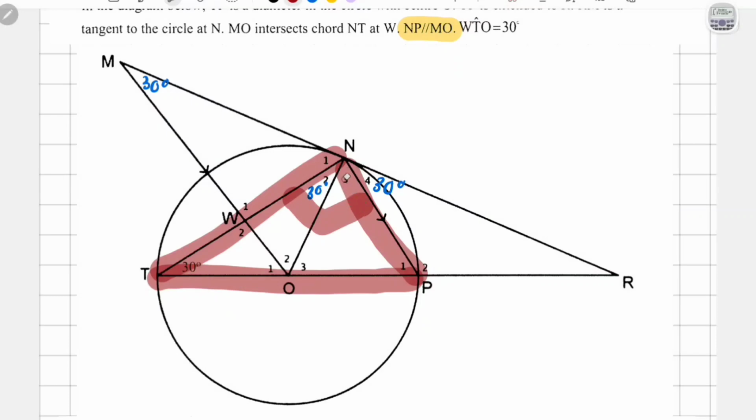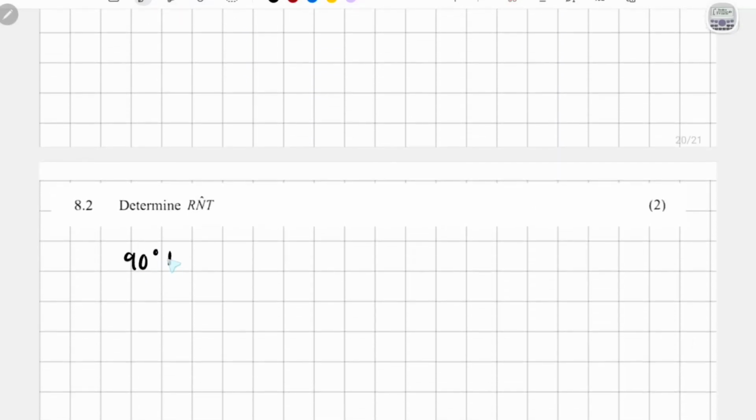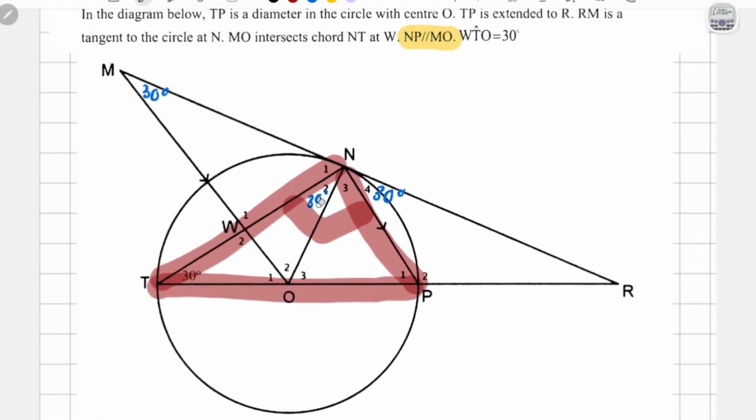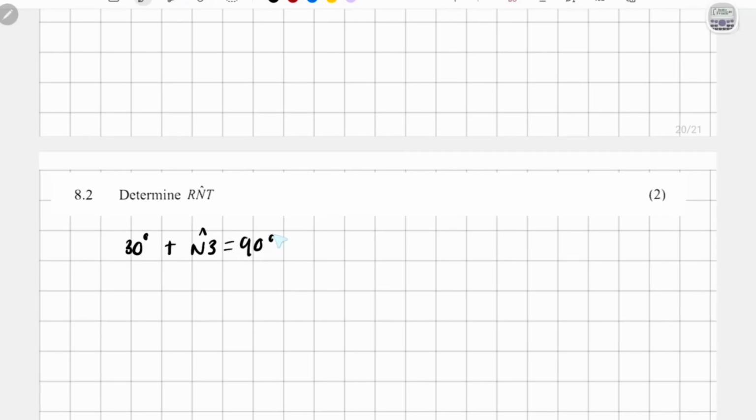And so angle N2 plus angle N3 will give you 90 degrees. So 30 degrees plus N3 is 90 degrees, and that's because of angle in a semicircle. Then N3 is equal to 90 minus 30, which is 60 degrees.